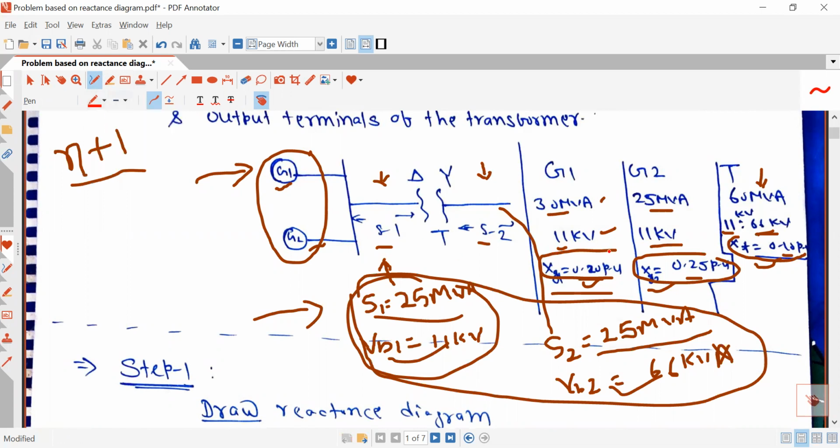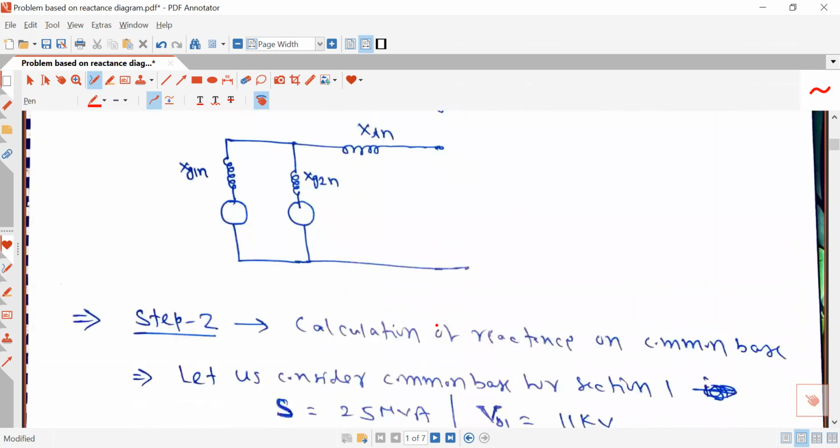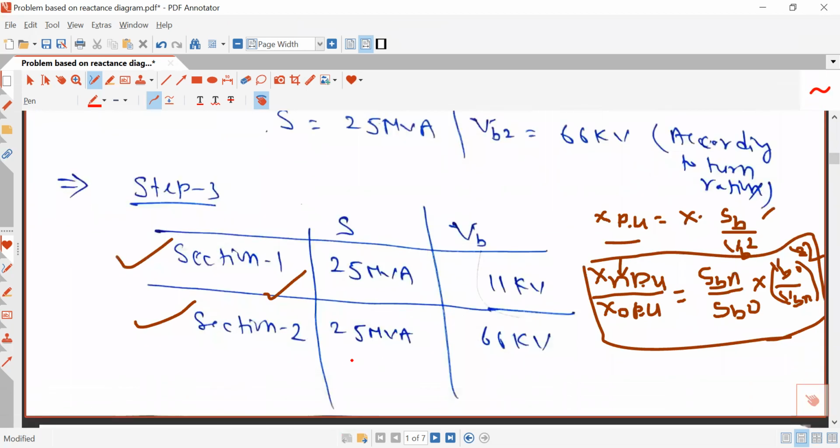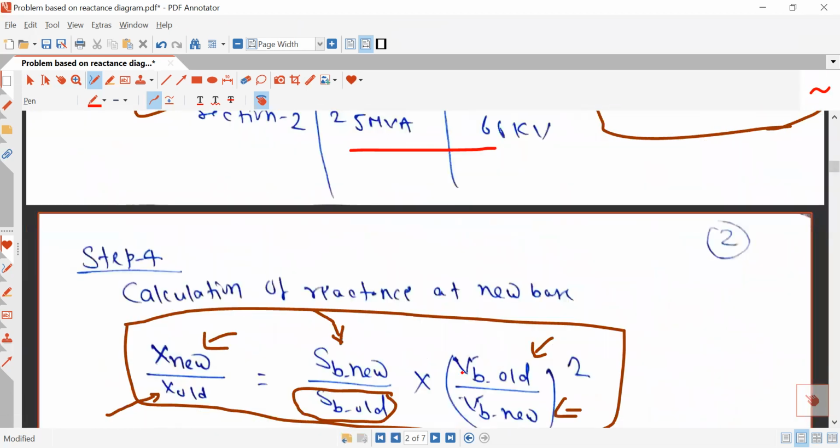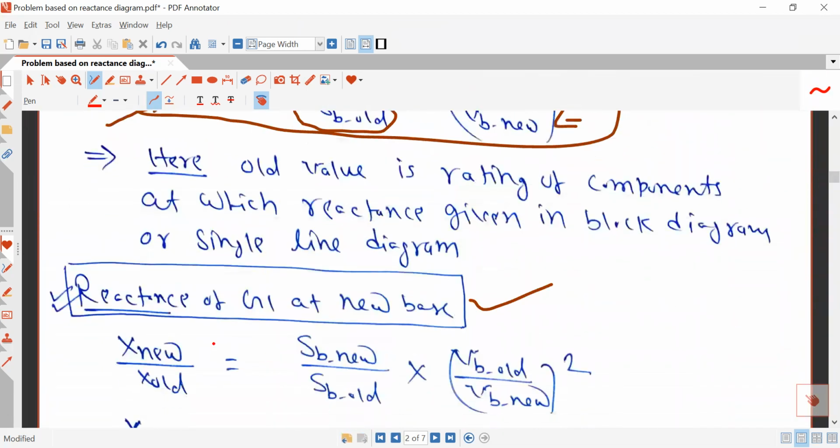And the old base value is 30 MVA and 11 kV. Means the rating is the old value. The data which is given in the block diagram is the old value, and the table which you have created is the new value. So I am going to calculate the reactance of generator 1.